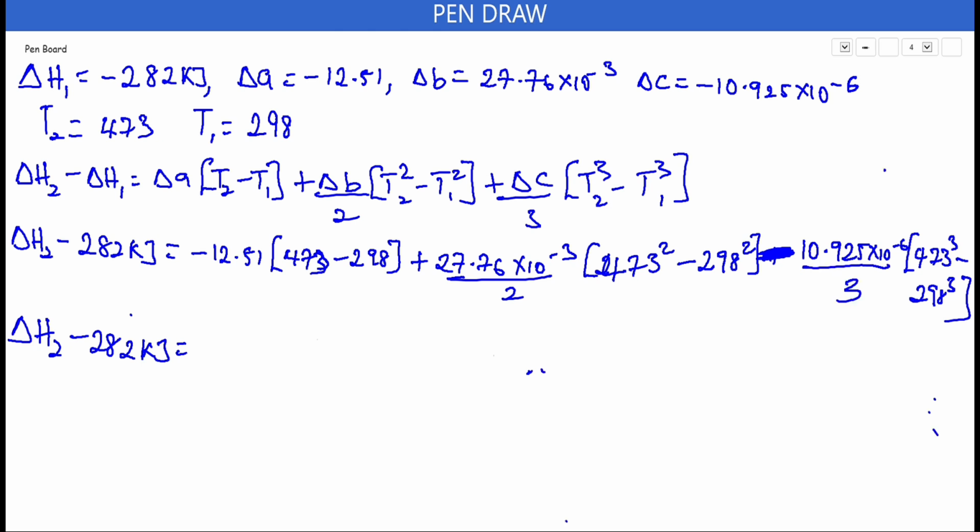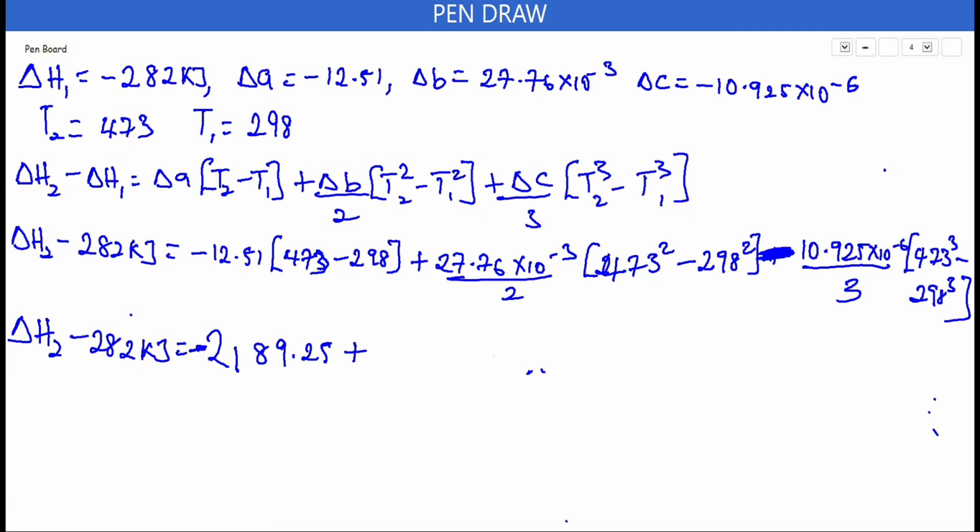So we have 12.51 to multiply, open your bracket, 473 minus 298, close your bracket. So what we are having there is 2189.25. Good. Plus, now the next thing, don't forget we have minus, so there should be a negative at the front.